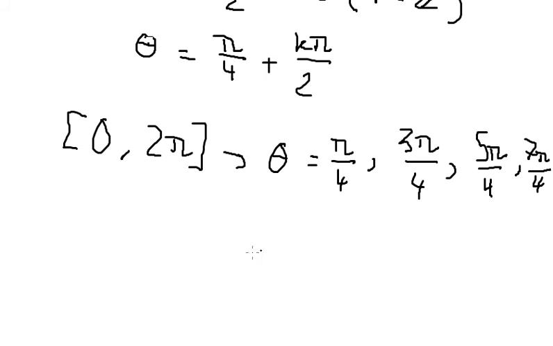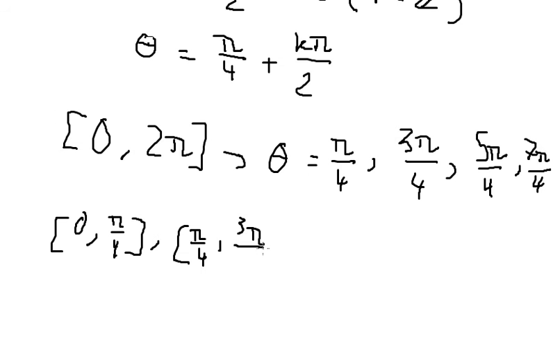So in this situation, we will have about 5 intervals in here: from 0 to pi over 4, and pi over 4 to 3 pi over 4.